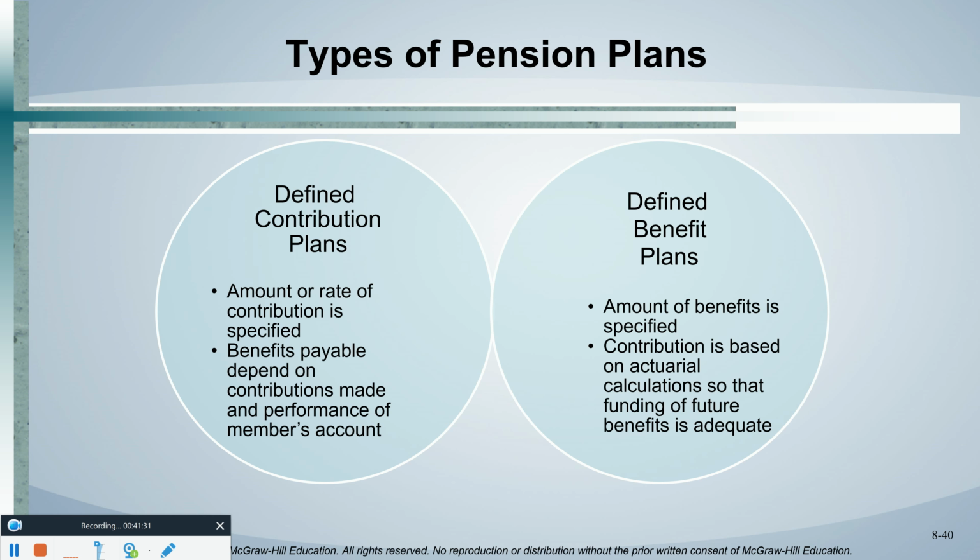There are two types of pensions. There is something called a defined contribution plan, and there is also another pension called a defined benefit plan. A defined contribution plan is like your 401k plan at work. The only thing that's definite is the contribution that's going into it.